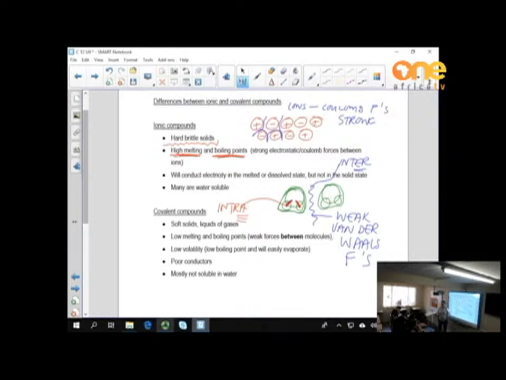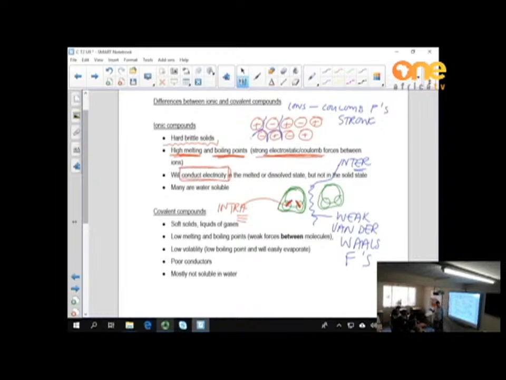People, they are really high, 900 degrees, 950, 2015 degrees. Okay? They have very high melting and boiling points. The reason being strong electrostatic or Coulomb forces between the particles. Ionic compounds, they can conduct electricity, but not in the solid state. Because why?